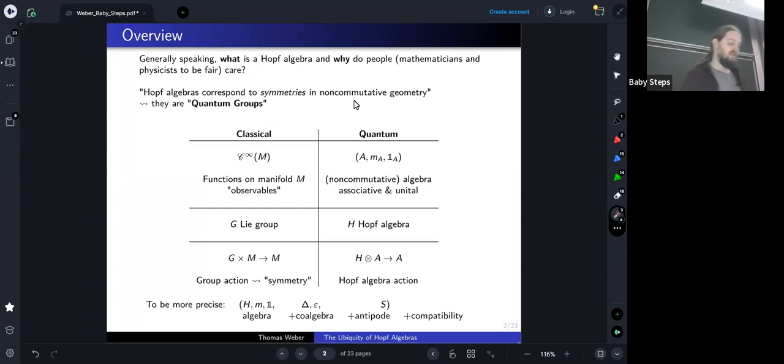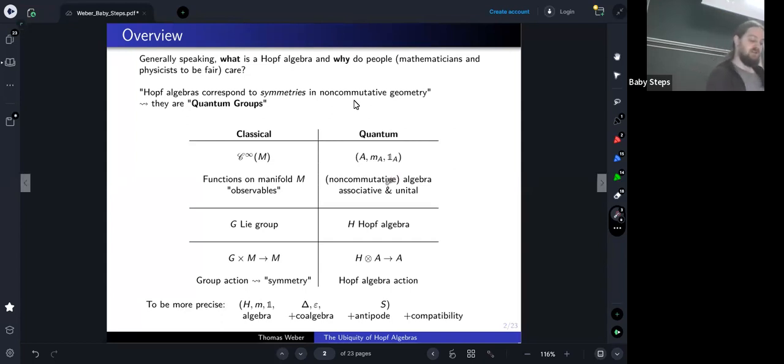So in classical physics, you might start with a manifold M, a smooth manifold, and look at the functions on this manifold. And this you might think of as your observables. On the quantum side, since quantum physics is pointless, you don't have a space in general. You can only work with the algebra.